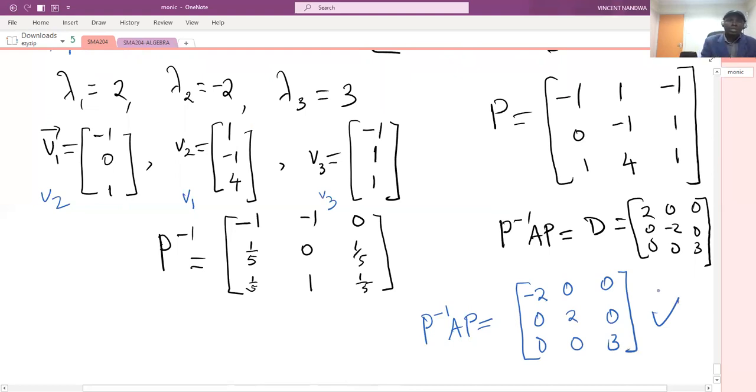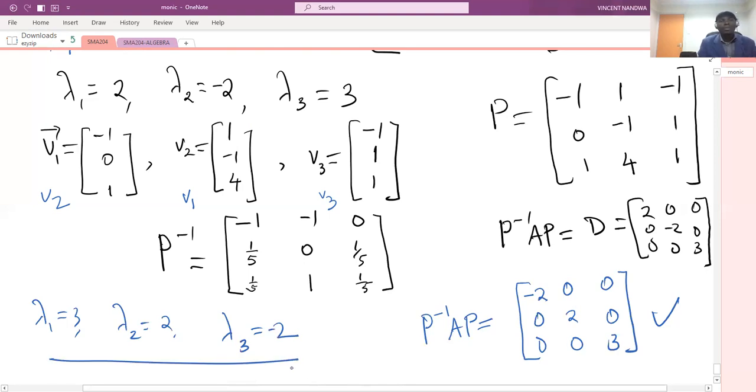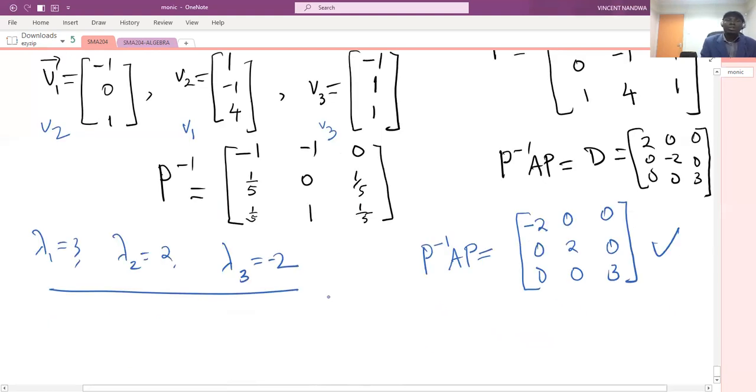Or another person may say, let me call lambda 1 to be 3, lambda 2 to be 2, and lambda 3 to be -2. There's nothing special. You can give this order, but remember that what you get as your P will be different from the matrix we have here. Your diagonal matrix will also be different. If this is the ordering, then the diagonal matrix will be 3, 0, 0, 0, 2, 0, 0, 0, -2.